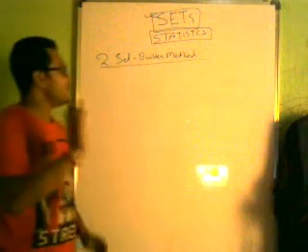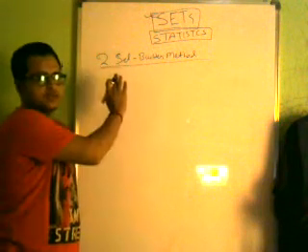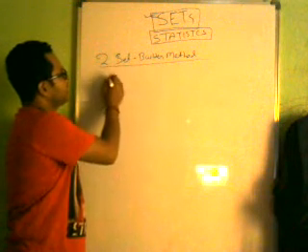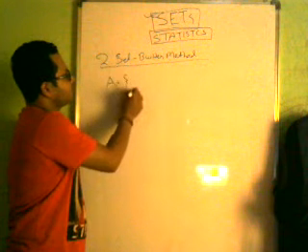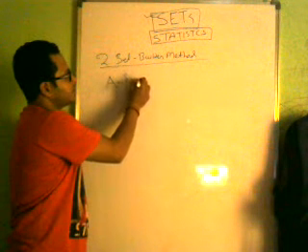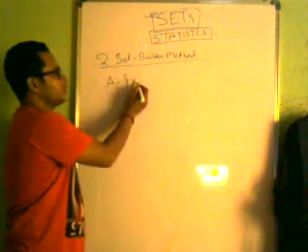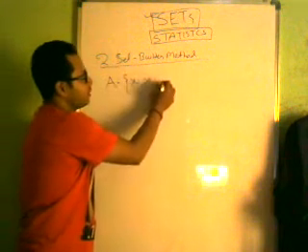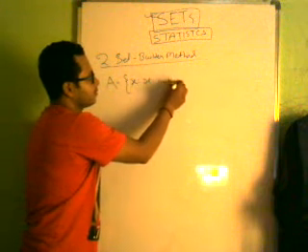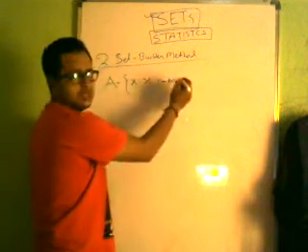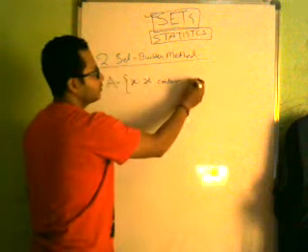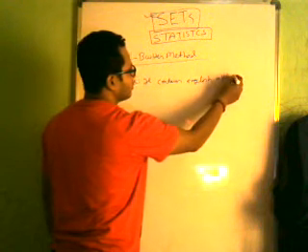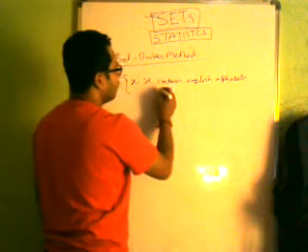A very easy example to represent the set builder method is: set A equals x such that, this colon is known as such that, x contains English alphabet vowels only.